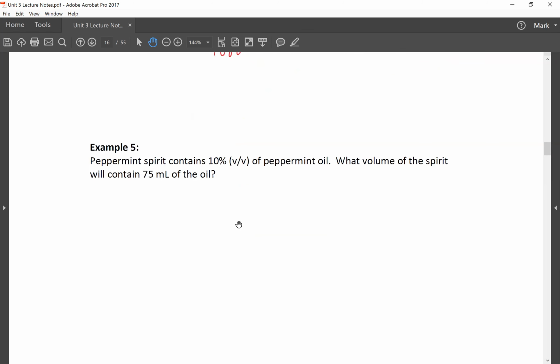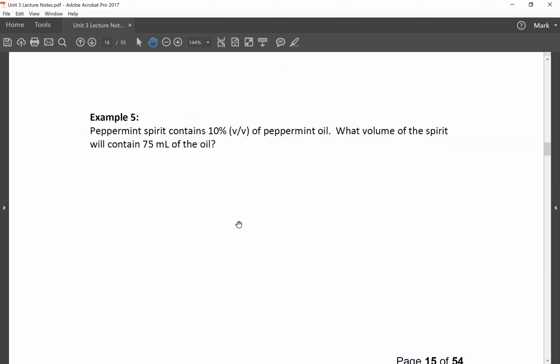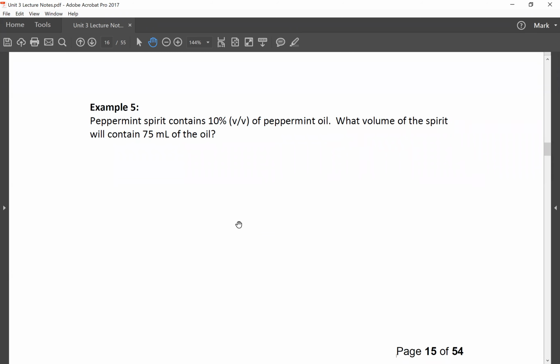All right, number 5. Peppermint spirit contains 10% v/v, which means volume over the total volume, of peppermint oil. What volume of the spirit will contain 75 milliliters of the oil? So we're trying to find the volume of the solution. Be careful with the wording.